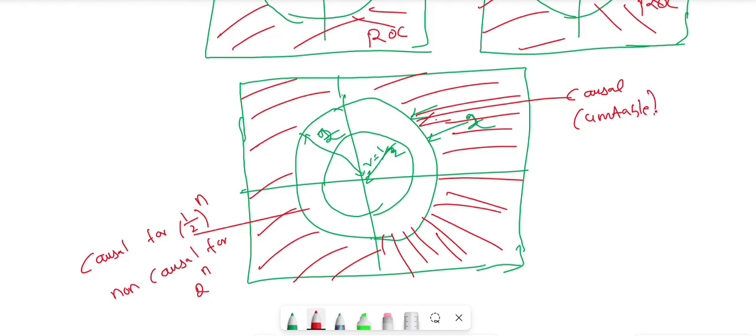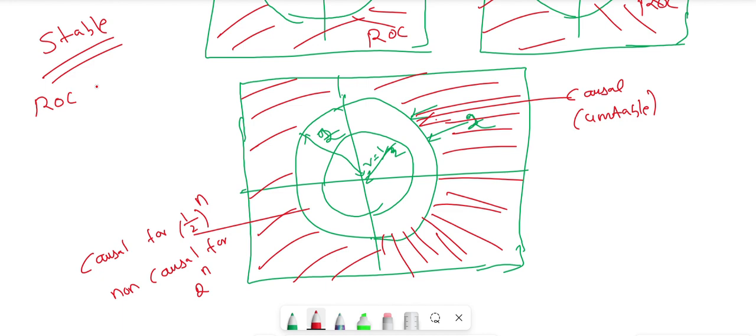We classify now what the conditions for stability are, when the system becomes stable or unstable. So how do you define a stable system? The system becomes stable only if the ROC of the system function contains the unit circle.